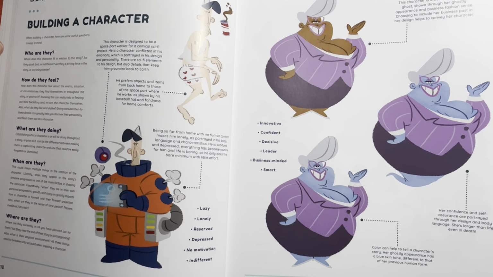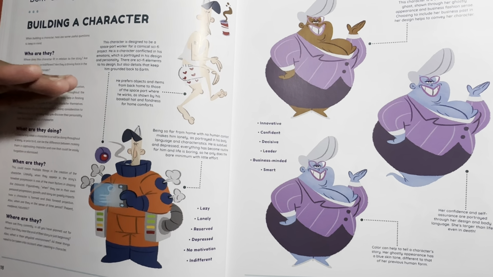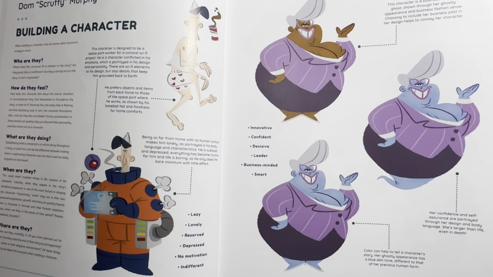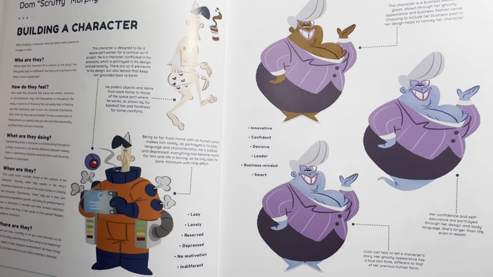When are they would literally mean what part of the story they are in, on the timeline, I guess. When you're creating them, it's like, okay, at what point in the story will they be? For instance, depending on what part of the story I want to tell, my character is either younger or older.